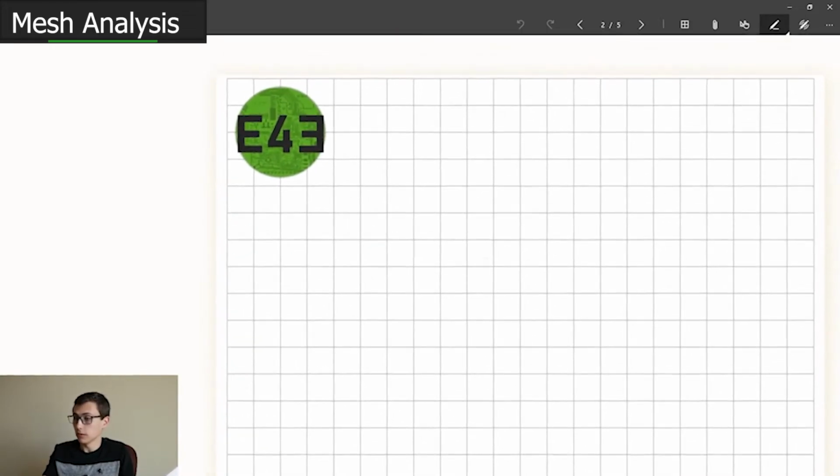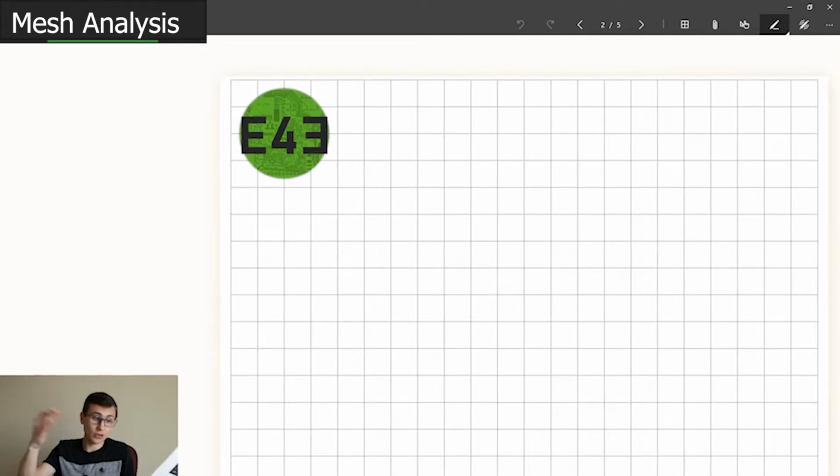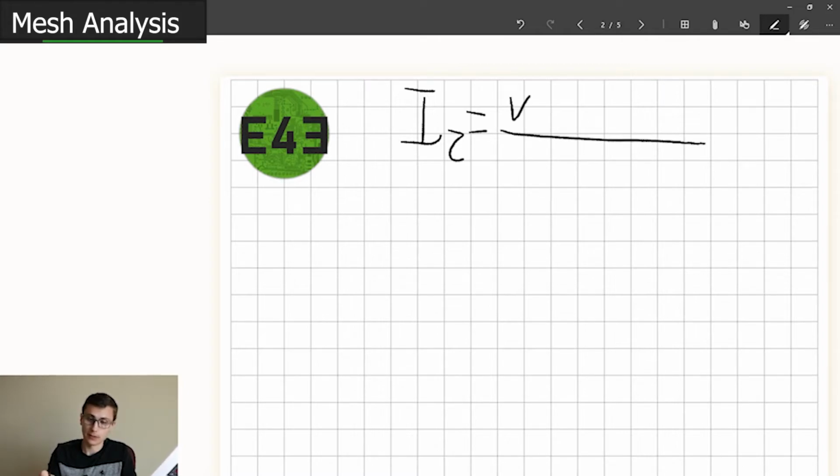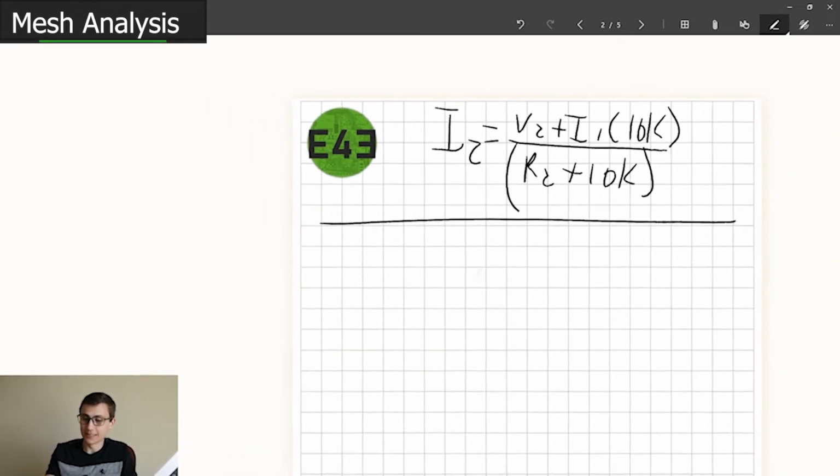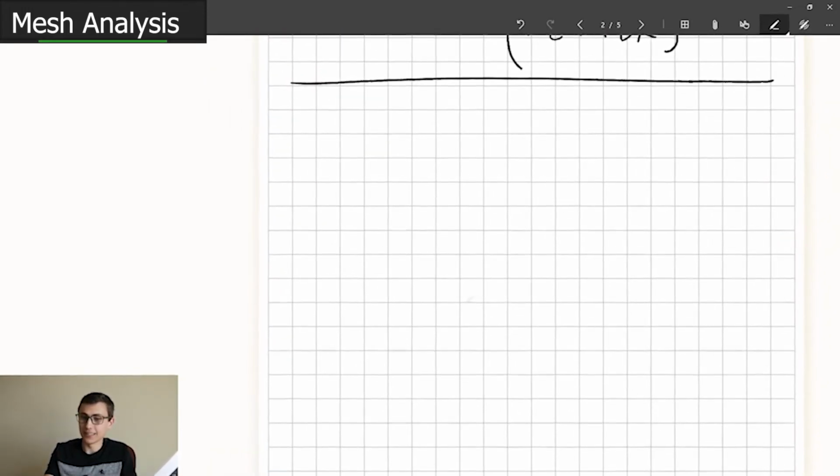But EEforEveryone, you said this was going to get messy. Where's my mess? Well, here it is. So we need to solve one of those equations for I2. And what that's turning into is this beautiful fraction right here, V2. And that is going to be a pain to decompose. What does that make our total equation look like?